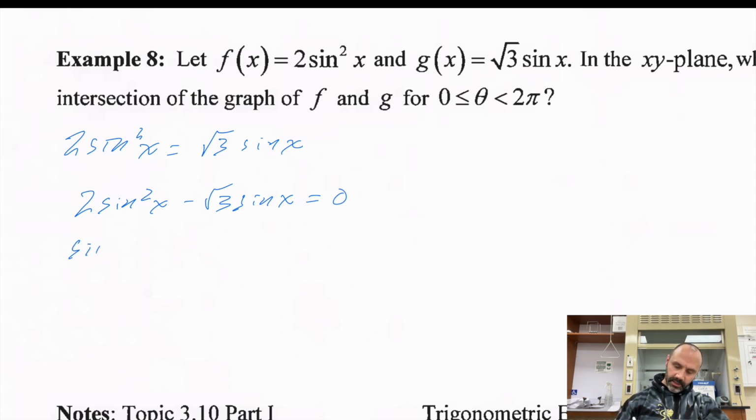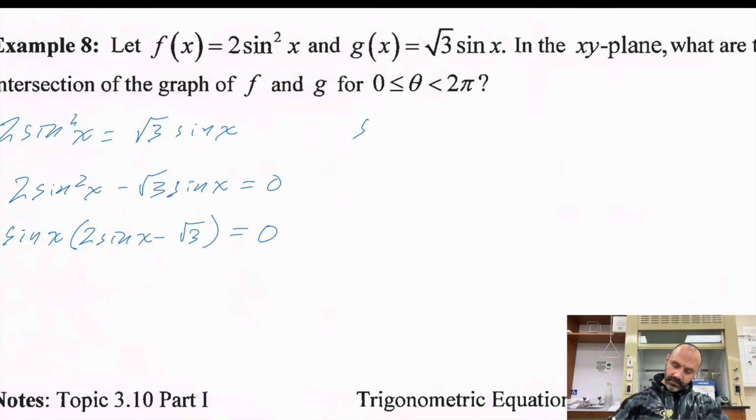Factor out sine, so I get sine of x times 2 sine of x minus root 3 equals 0. Okay, so I'm looking for the place where sine of x equals 0. And sine of x is going to equal 0 at 0 and pi. So x equals 0 and pi.